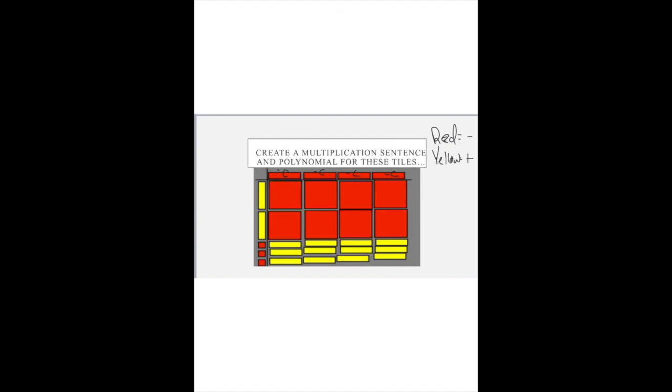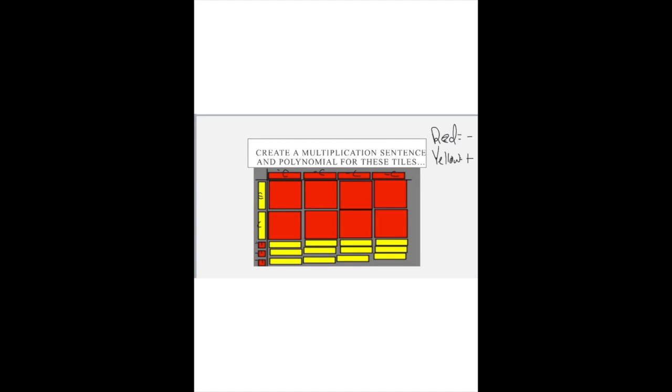Along the side, we have a yellow c and a yellow c, but remembering that the value of the constants are in the small squares, we have 1, 1, and 1, and these are all negative, being that they're red.